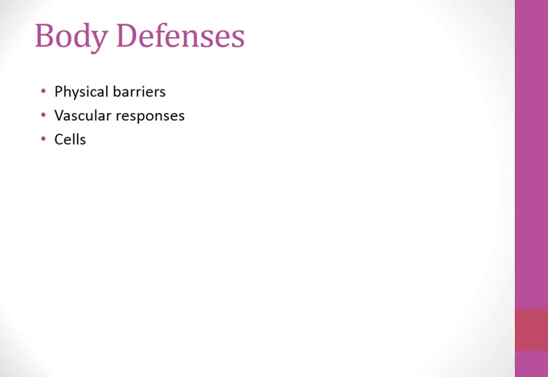Okay? The vascular response. Whenever there are injured tissues, there is an inflammatory reaction that occurs. And this is an immunology response. Whenever there's an injured tissue, a cut, a tear, the cells come in that cause heat, pain, and swelling.